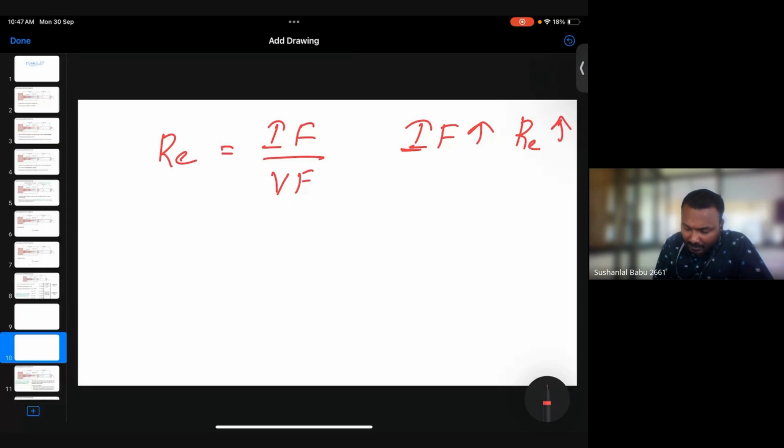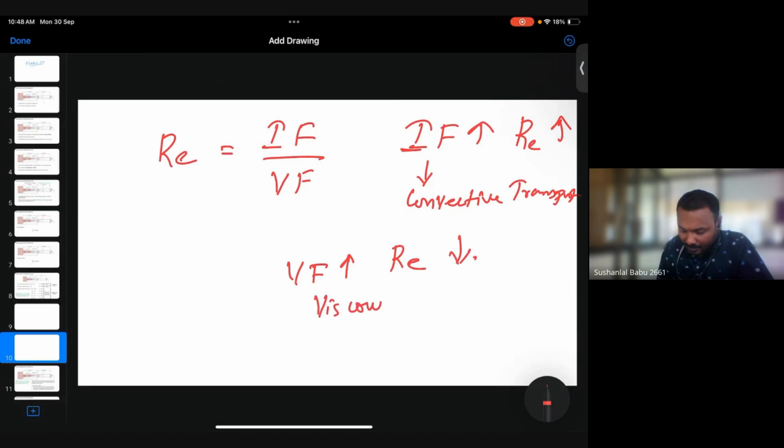Inertia force is nothing but the flow, so there comes the convective transport. And if viscous force dominates, Re reduces, and there comes the viscous transport.